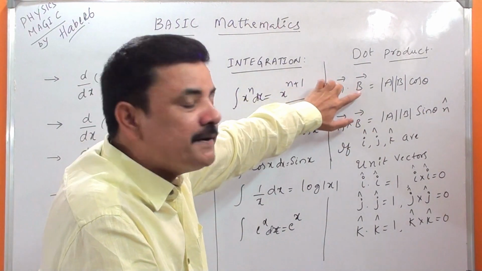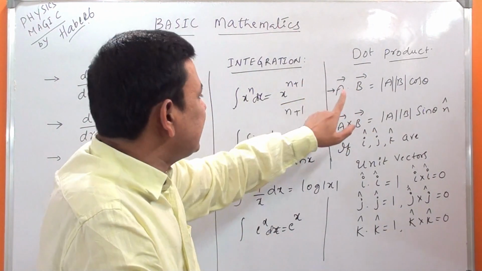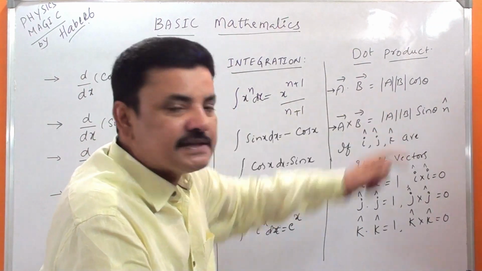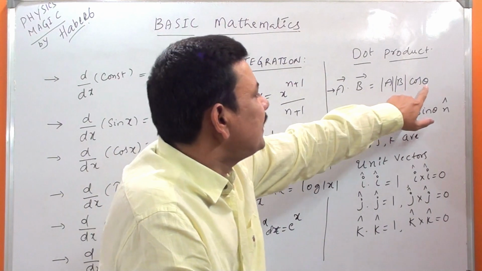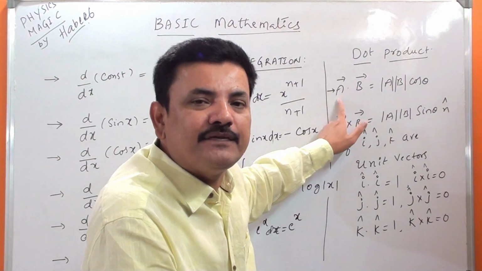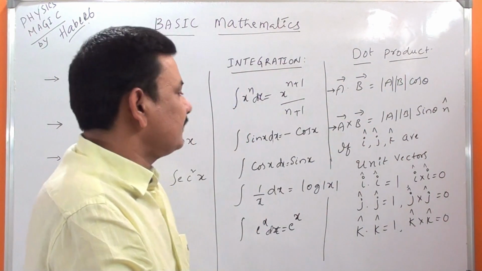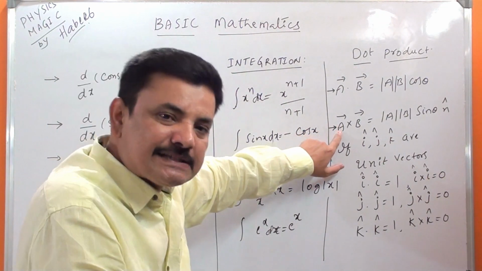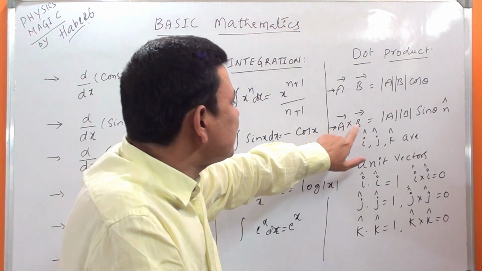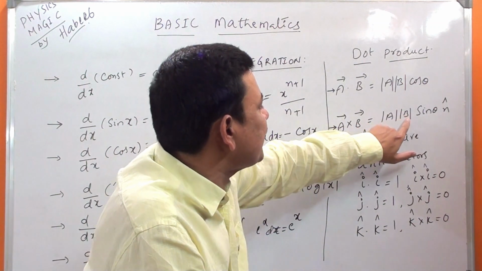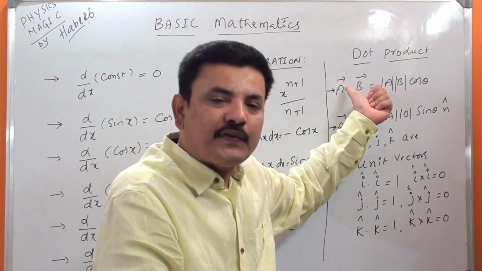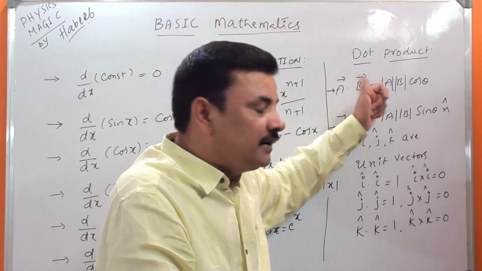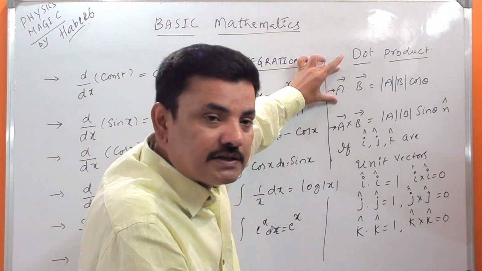If a bar and b bar are two vectors, the dot product of those two vectors is modulus of a, modulus of b, and cos theta, where theta is the angle between a vector and b vector. Then similarly, the cross product, a cross b, is equal to modulus of a, modulus of b, and sin theta. Especially when you are interested to find the work done, this formula will help us a lot.